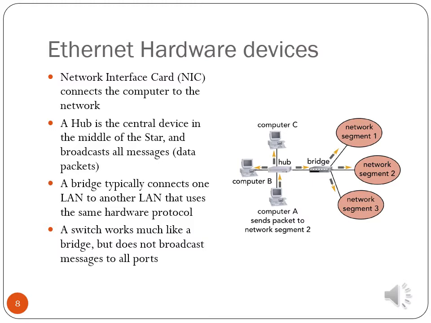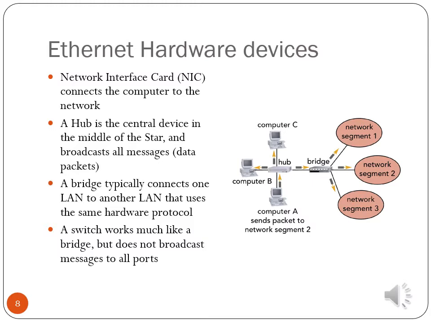Now going on to the devices in the center of a star. The first device was called the hub. The hub basically brought all the wires from the different nodes, the computers, together in one place so that they all could talk to each other. The hub was a very simple device.